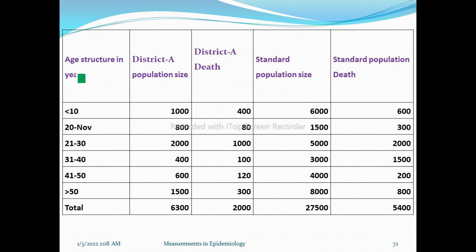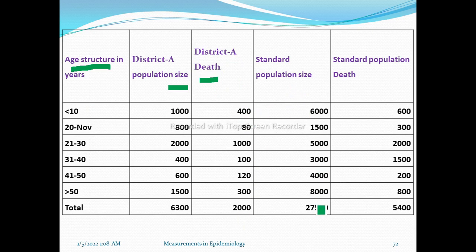So the question is about age structure in years. This is the age structure. District A population size, for less than 10 is 1000. District A deaths is 400. The number of deaths in district A is 100, like all these.